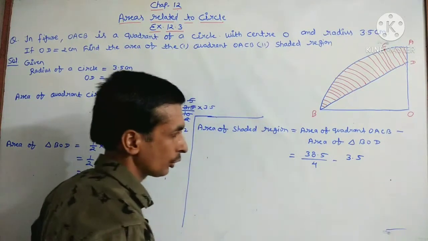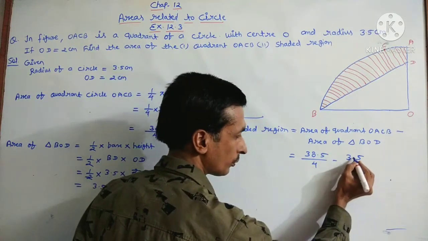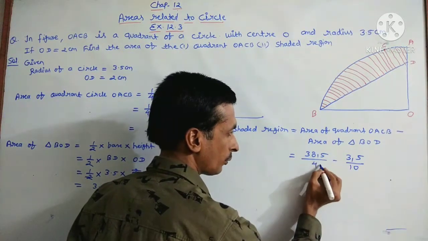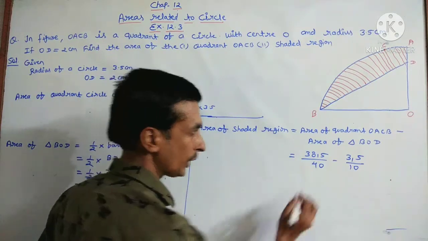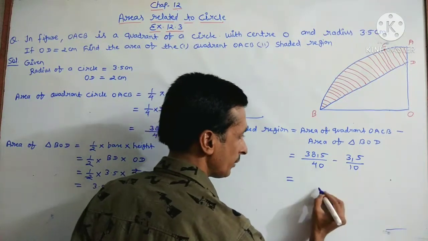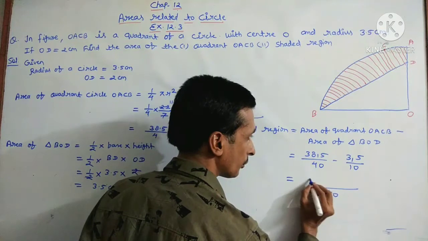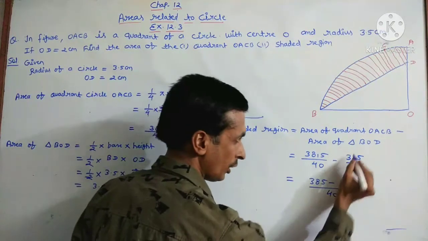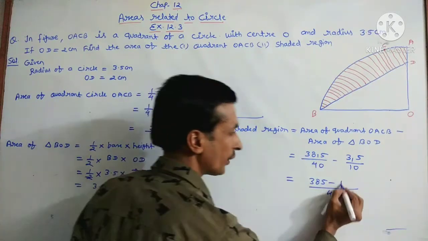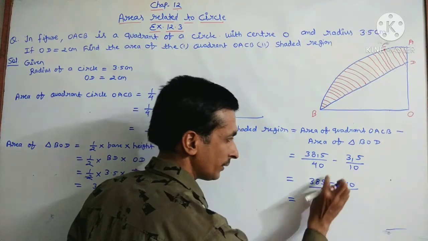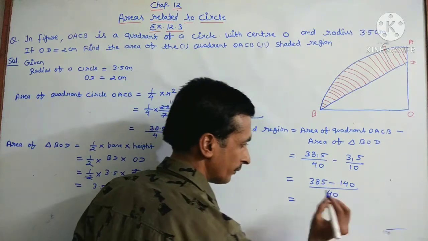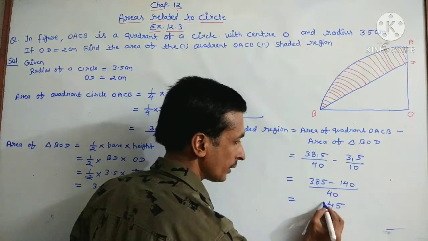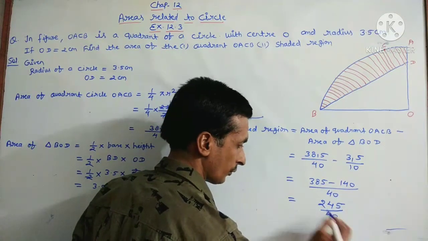Now remove the decimal points, 10 and 40. The LCM is 40. So 385 is here, and minus 4 times 35, which is 140. After subtracting, 5 as it is, 8 minus 4 is 4, and 3 minus 1 is 2, giving 245 upon 40.